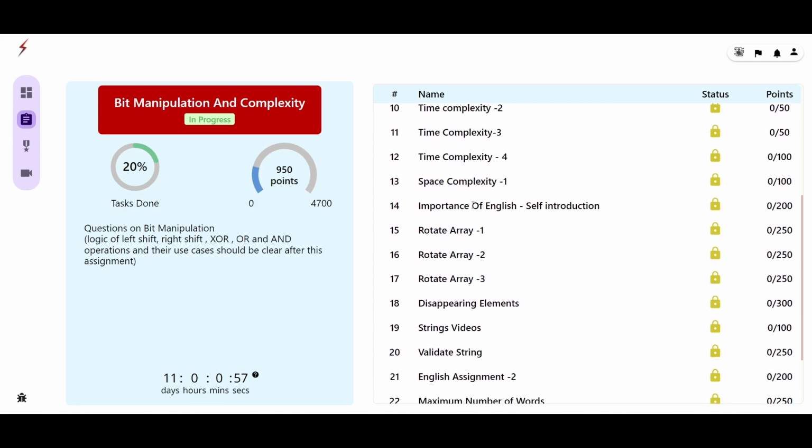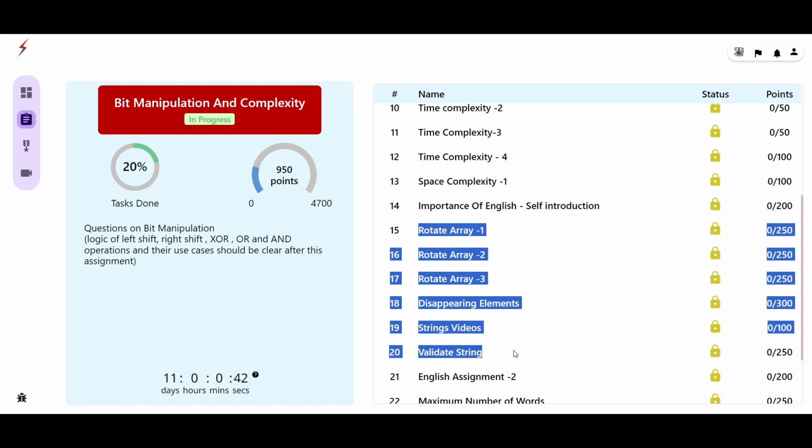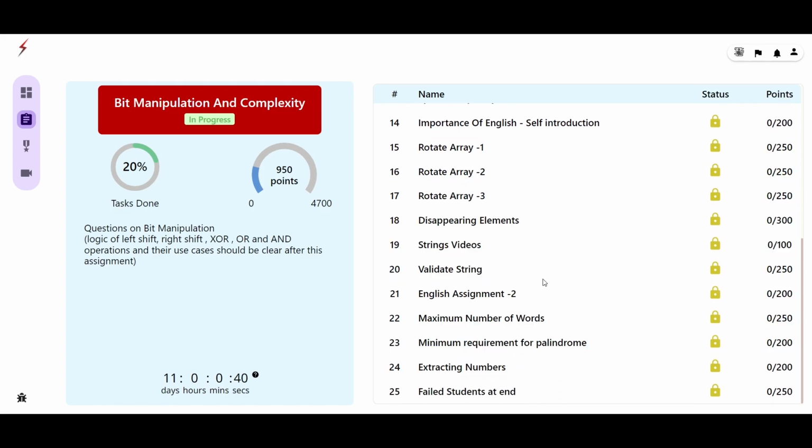And post that, the 14th one, it seems like it's a communication based class, so that assignment is something that I have to finish. And from the 15th onwards, it's going to be a bit of a tough journey, because I've seen some of these rotate array problems earlier, and they take a lot of thinking, right?